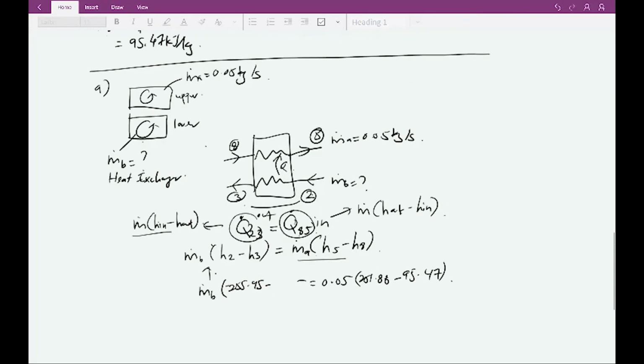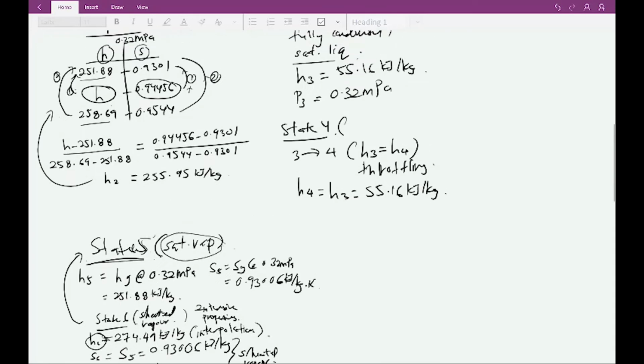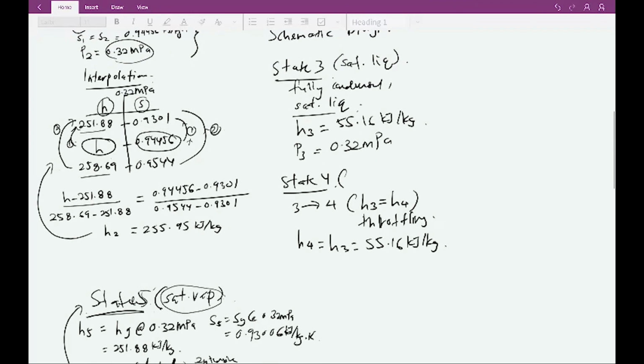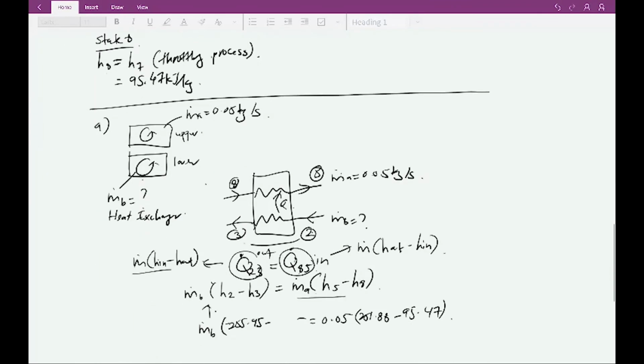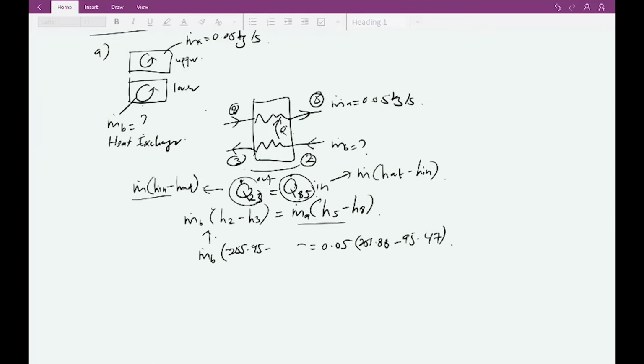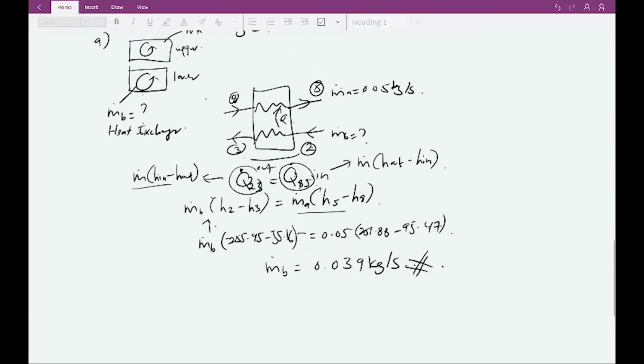H3 is 55.16 kilojoule per kilogram. And then when you solve this equation, you get the value estimated to be around 0.039 kilogram per second. Right? So this is your first answer for first question.